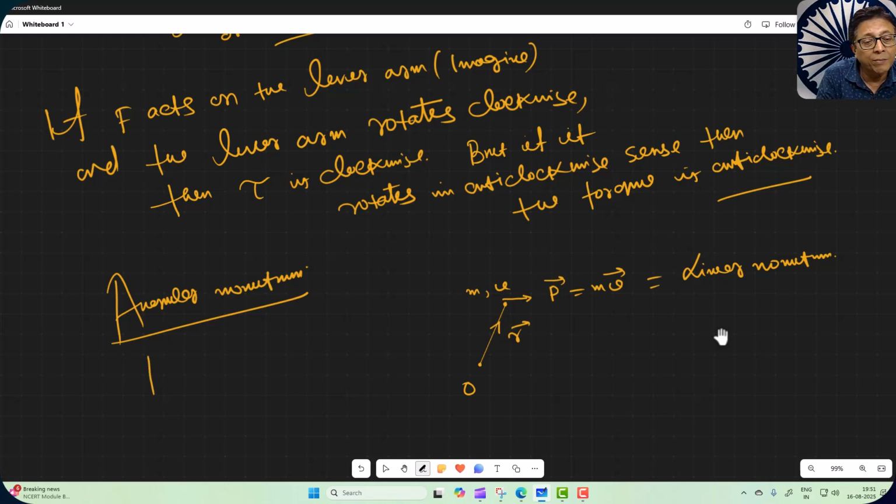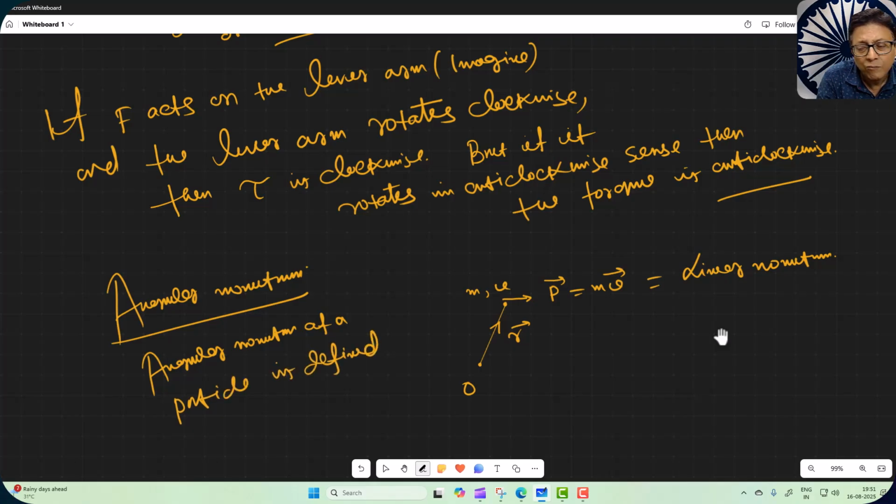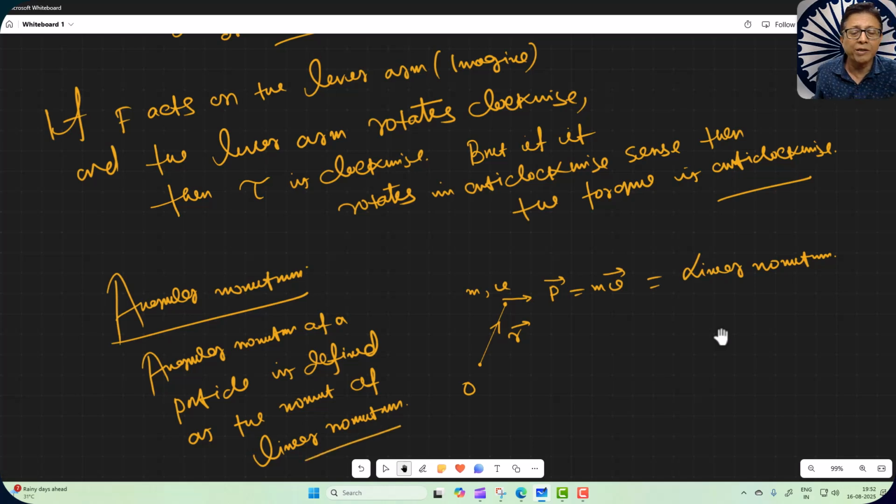Angular momentum of a particle is defined as the moment of linear momentum, and we'll be denoting this one by L. What is that?